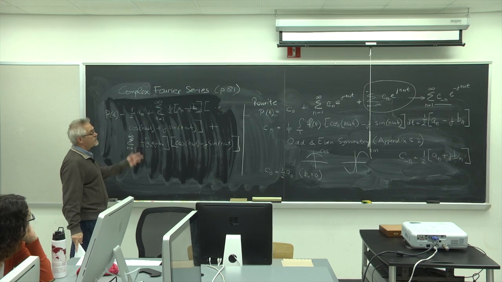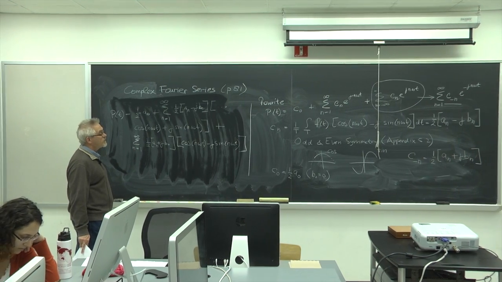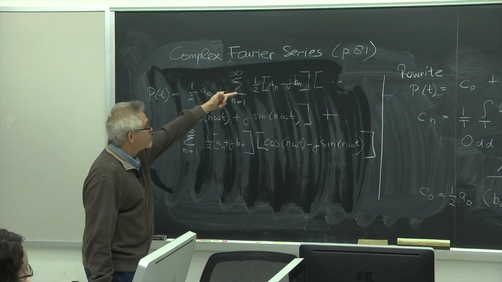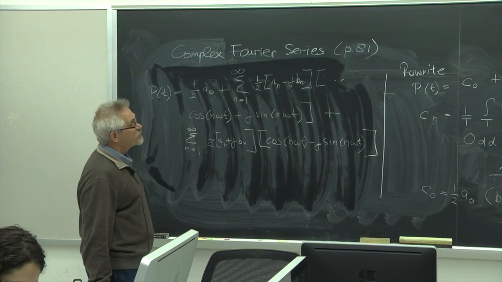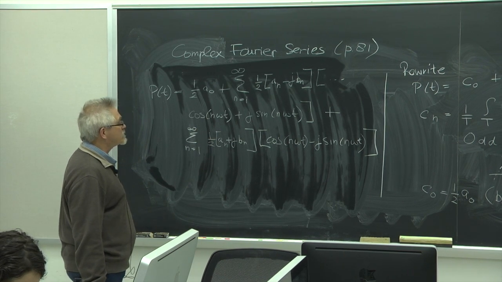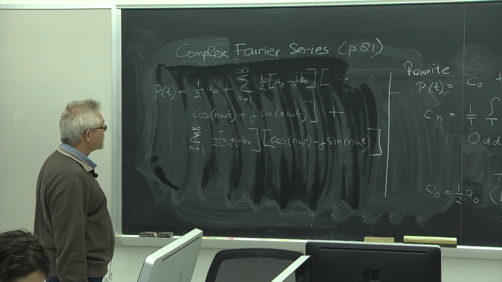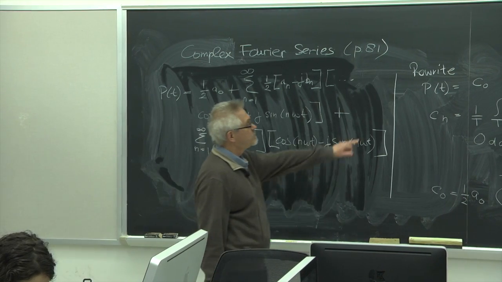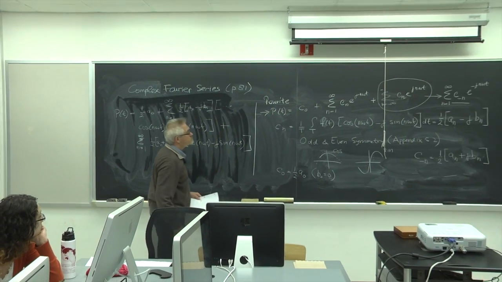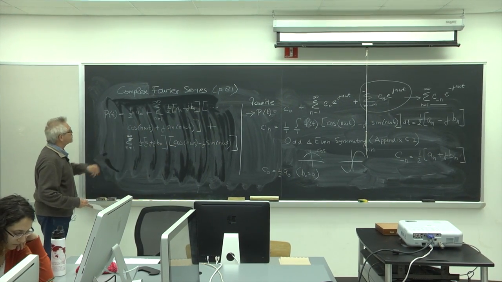So the only thing I did is I rewrote now the Cn as the coefficients, and I rewrote the exponentials also using Euler as cos and sine waves. So again, I just rewrote this expression, and now it's in this form.